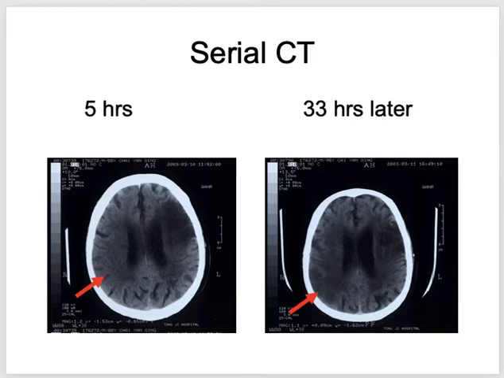So the first investigation you will be ordering is the CT scan. And what we order is a non-contrast CT scan. And why do we order a CT scan? Just because of one thing. The most important reason we are ordering a CT scan is to rule out hemorrhage.